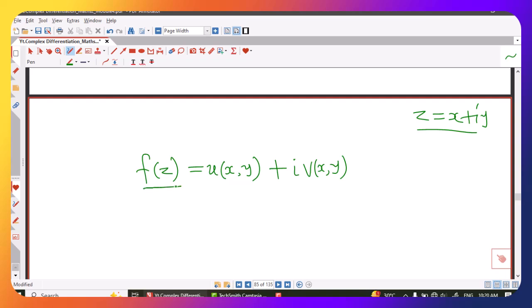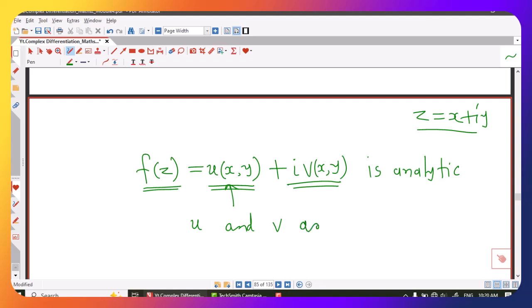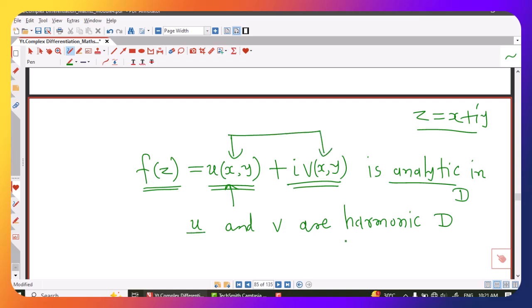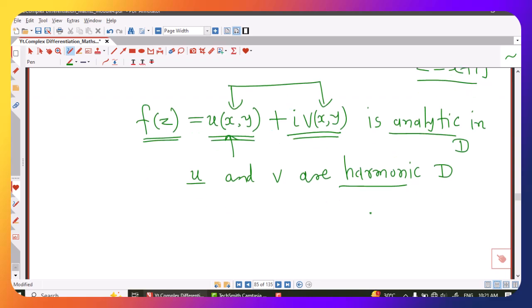So we have one result which says that if function f of z equal to u plus iv is analytic in some domain D, then these two components u equal to real part of f of z and v equal to imaginary part of f of z are always harmonic in the domain in which the function is analytic.